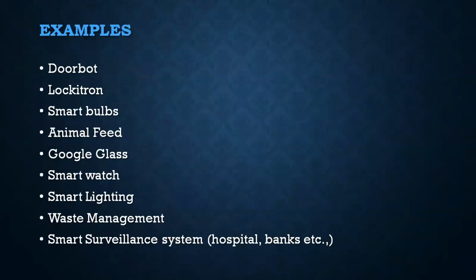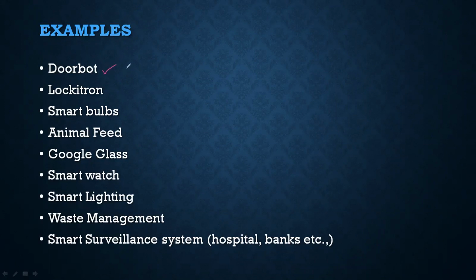So we'll see examples. These are the examples for IoT systems, not limited to this. Here I've given some list. The first one is Doorbot. This is one of the IoT devices.